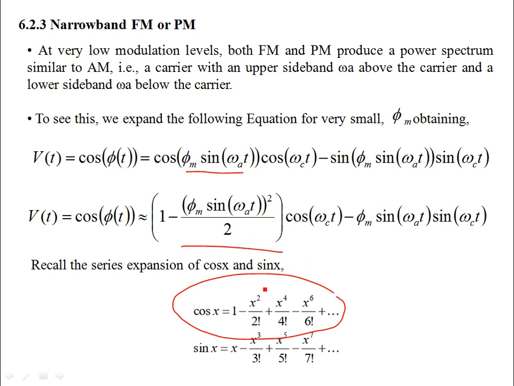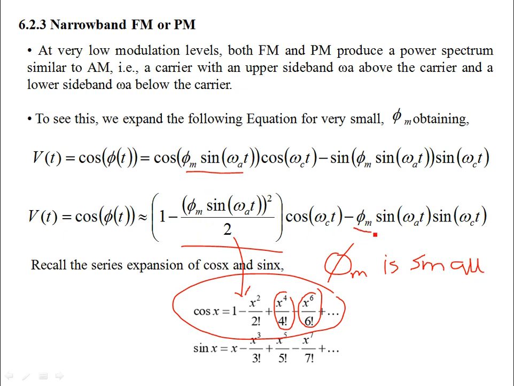We don't need to go any further to the third term or the fourth term. You see, x is very small, because phi m, the modulation index, is small. You don't need to expand for higher order terms. It's small, so obviously the result is small, so you don't go any further.